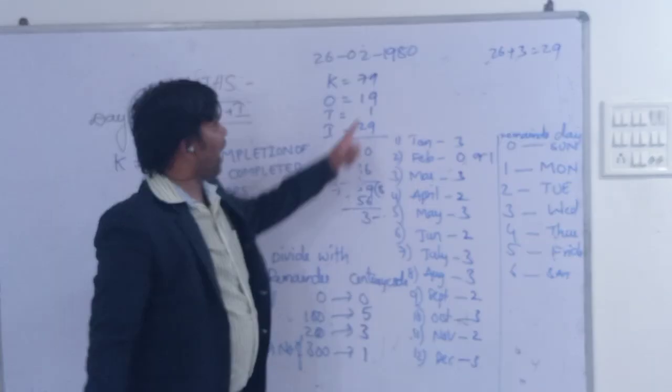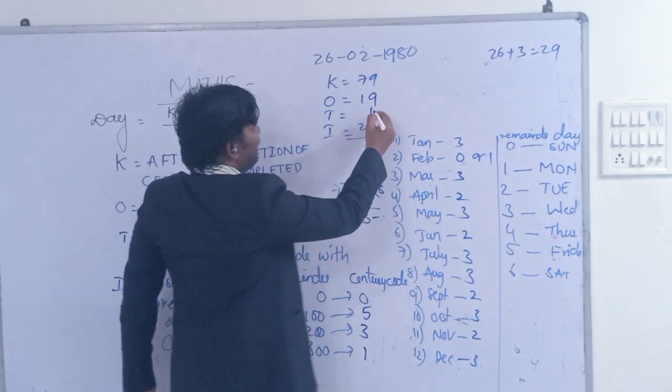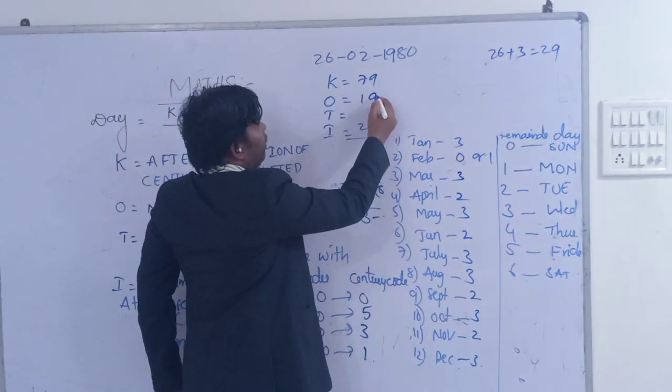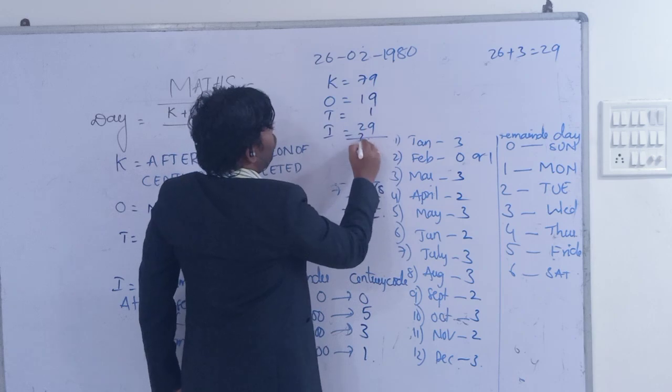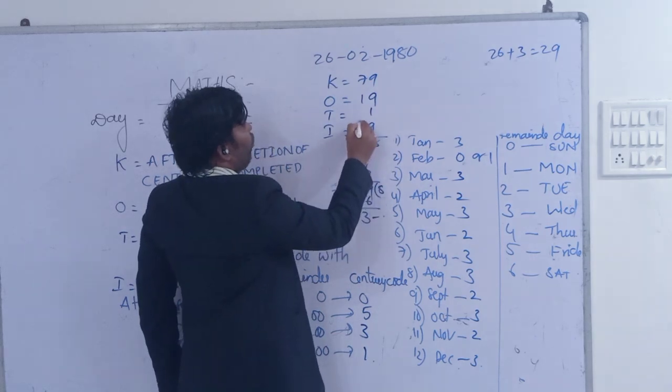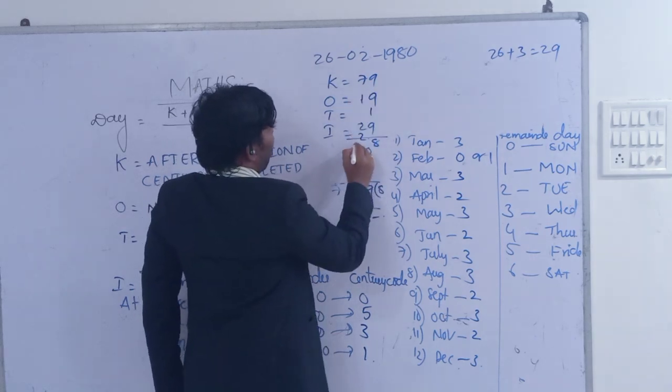Now we can add all this. 9 plus 1 is 10, 10 plus 9 is 19, 19 plus 9 is 28, 2 plus 2 is 4, 4 plus 1 is 5, 5 plus 7 is 12.